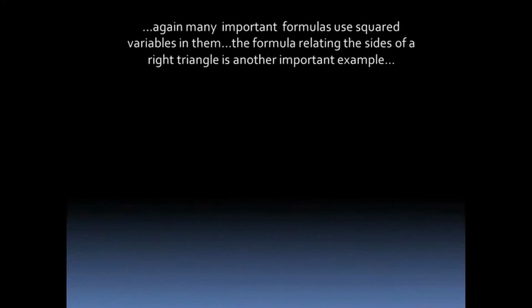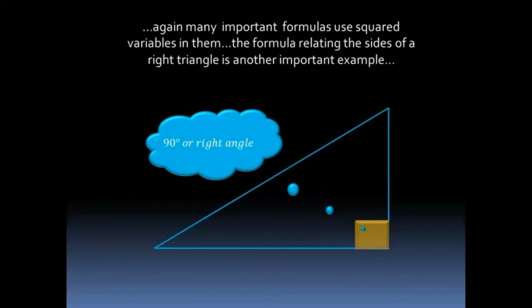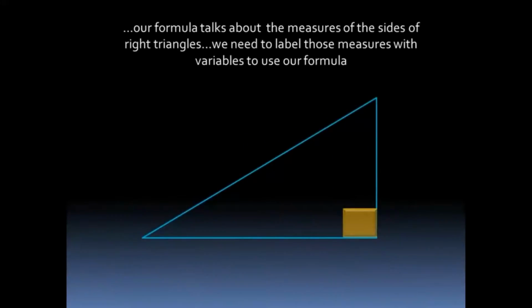Again, many important formulas use squared variables in them. The formula relating the sides of a right triangle is another important example. A right triangle has a right angle. Our formula talks about the measures of the sides of right triangles.